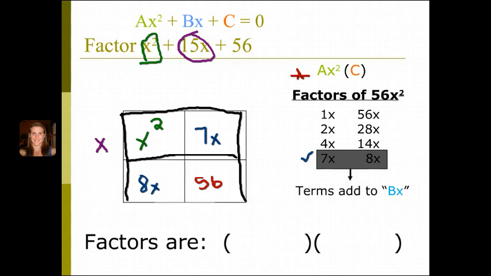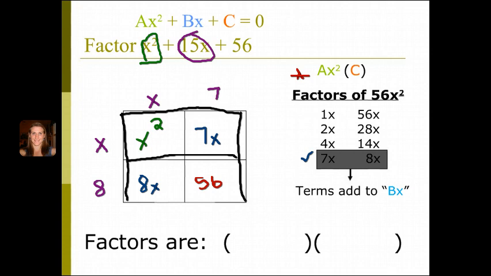On our second row, 8x and 56 both have a factor of 8 in common, so we bring that on the outside. Our first column, x squared and 8x, has an x in common. And our second column, 7x and 56, has a 7 in common.